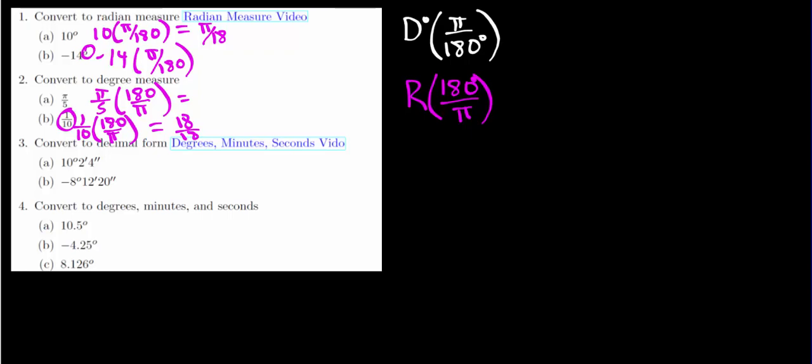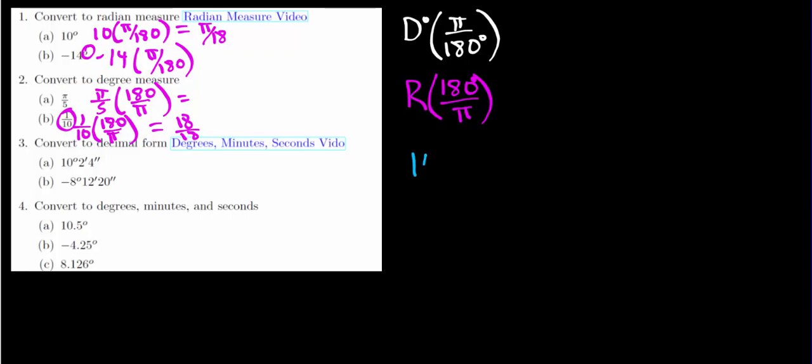So now let's go on down here where it says convert to decimal form from degrees, minutes, and seconds. So let's look at that one. When you see 10 degrees, 12 minutes, and 20 seconds, here's what that means.